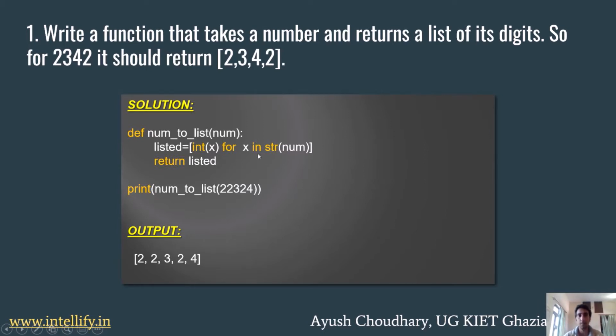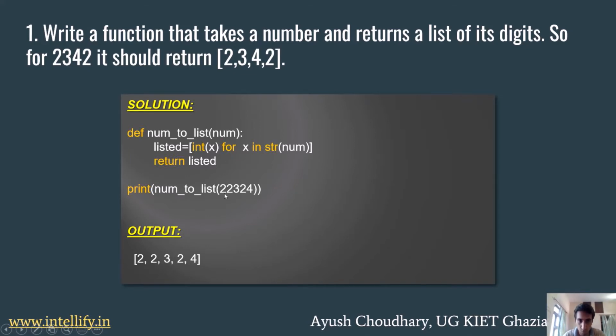First we will convert the number into a string, so that we can easily separate it into different elements. Then we will iterate through each element, convert each element into an integer, and put it into a list. This is the list comprehension method, and this way we can do the task.